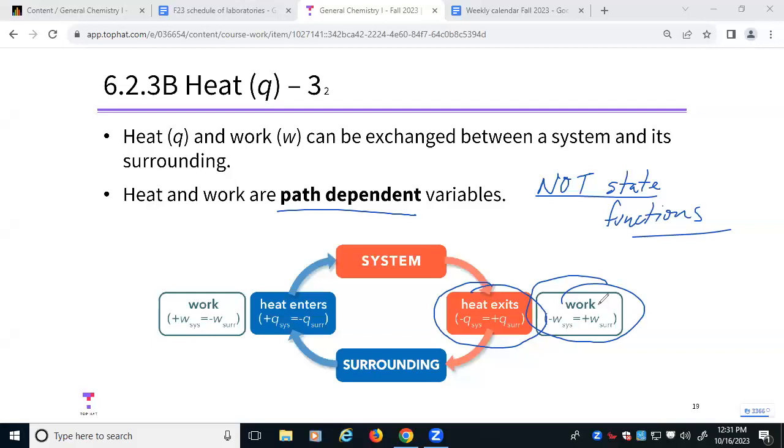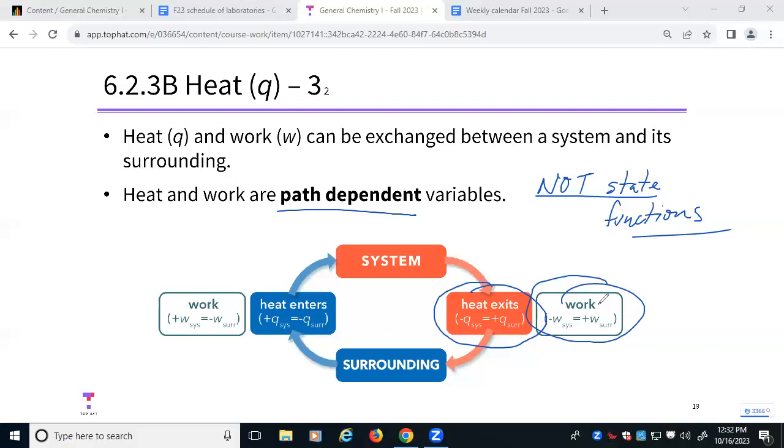So come back to this concept of me pushing this chair around. As I'm exerting work on the chair, I'm referring work, so I've got a negative W. The chair, as part of my surroundings, has a positive W. Because all the work that I'm putting into it is going directly into the chair.